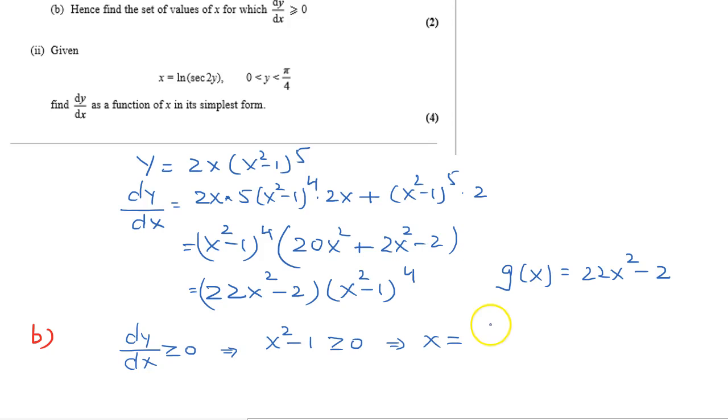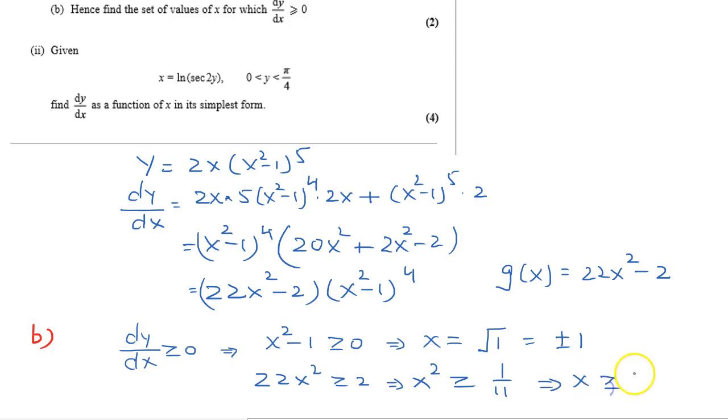So x is root 1, so that is plus minus 1. And if 22x square is greater than or equal to 2, this implies that x square is greater than or equal to 1 over 11. So x is greater than or equal to plus minus 1 over root 11.